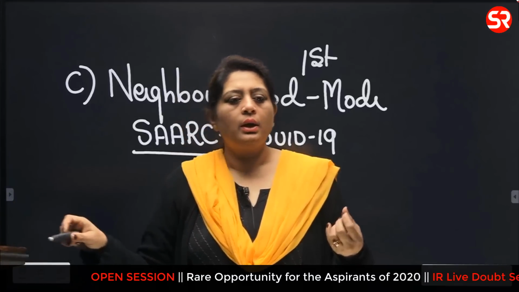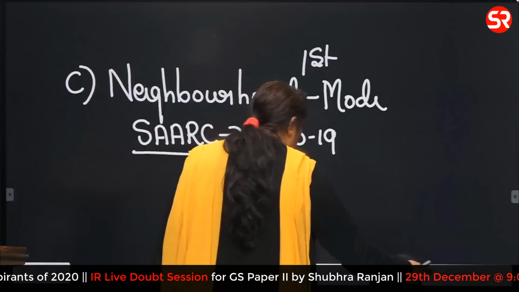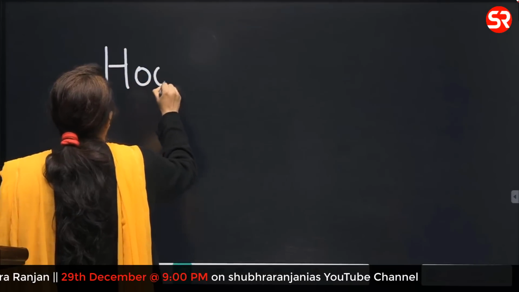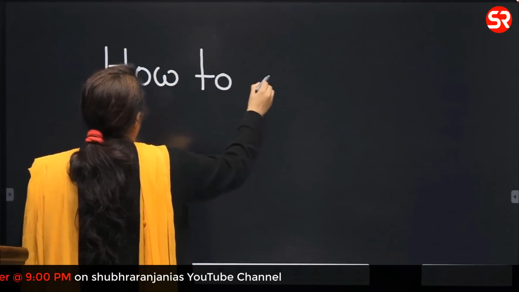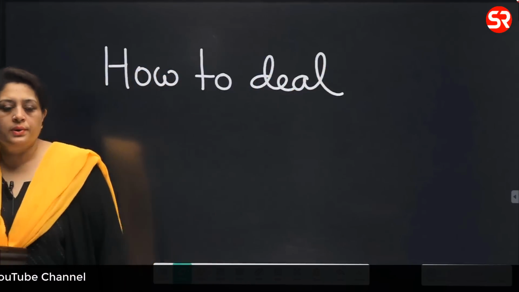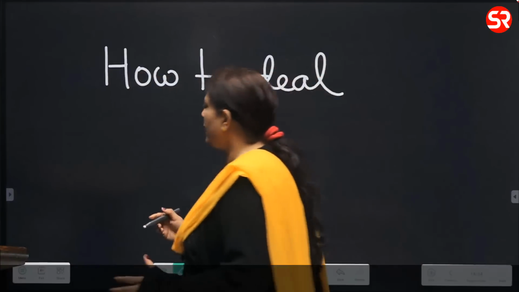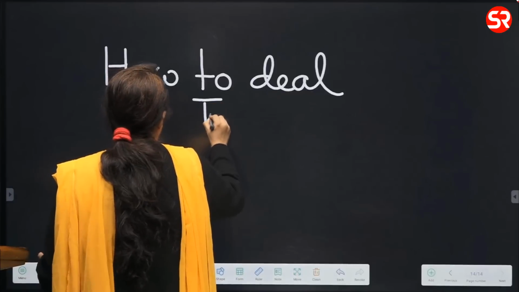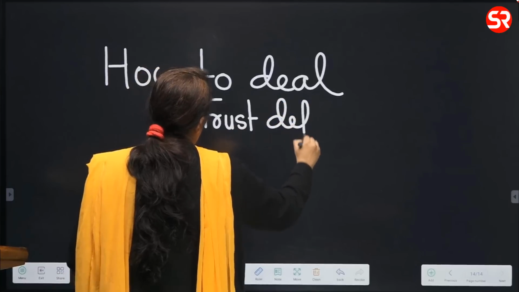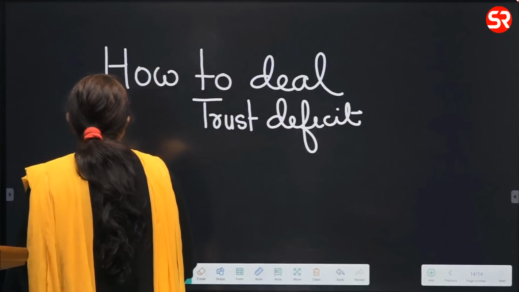Now, if ever asked, what should be our approach, how to deal with the neighbors? The first issue is we have to address the trust deficit. And how do you address the trust deficit?